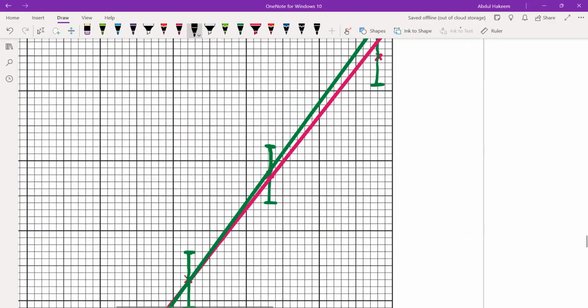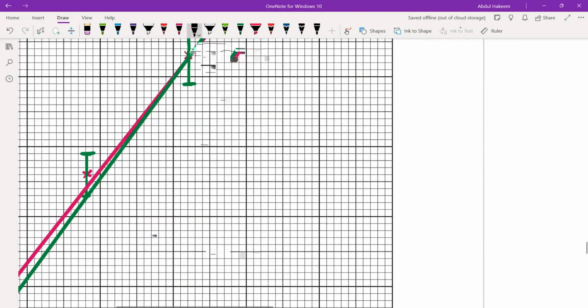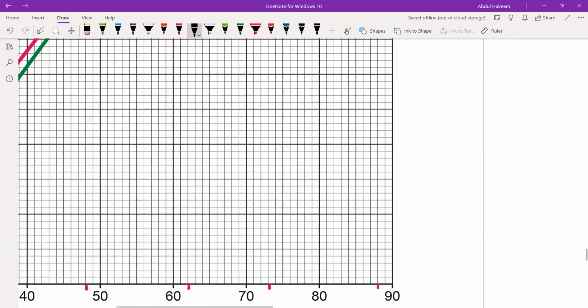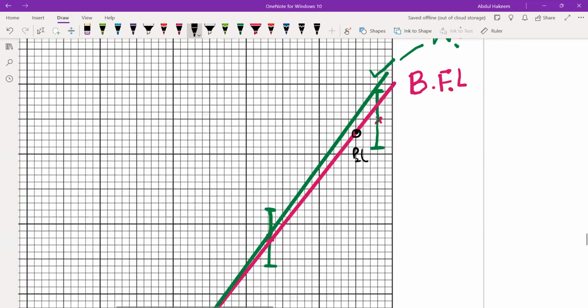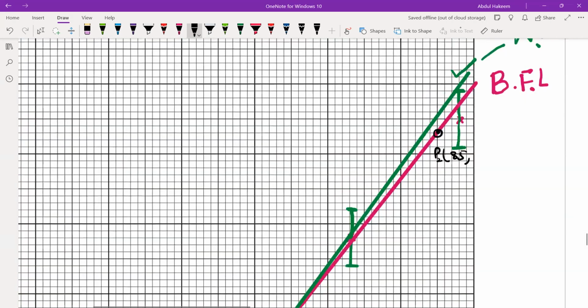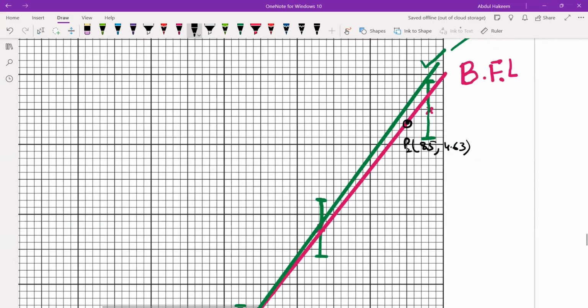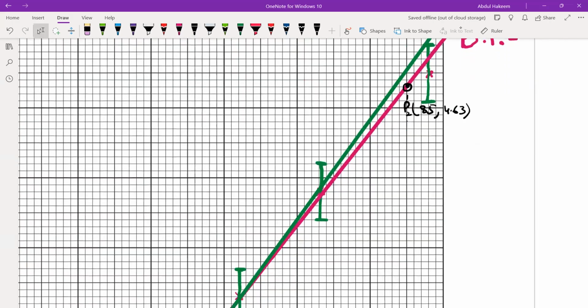Similarly, we will take a point here. For example, this is another point, and this is P2, and this is 85 at the x-axis, and at the y-axis, it is 4.63. And then join these 2 points with dotted lines.